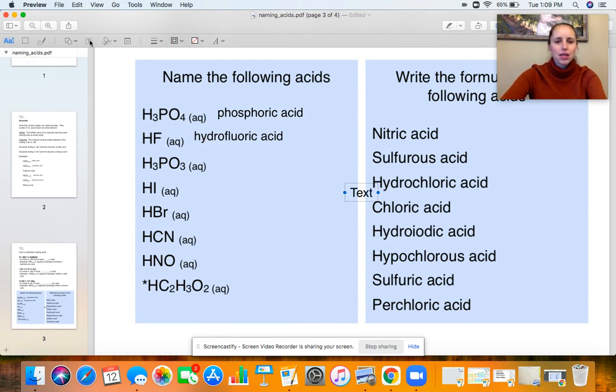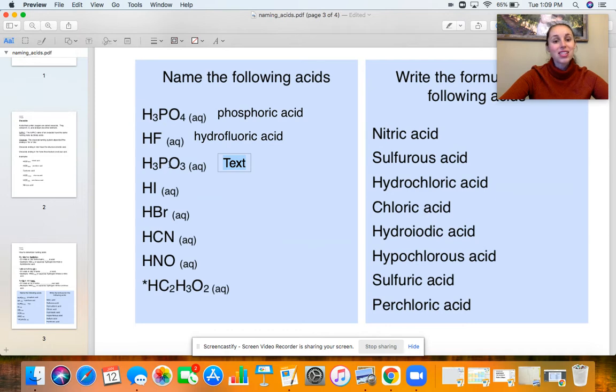Let's take a look at this next one here. Let's move this up here first. There we go. For this next one, I'm going to see, does this have an oxygen in it? It does. Since it has an oxygen in it, I know it's an example of an oxo acid. So I want to go ahead and see PO3. What ending does PO3 have? If you look this up, you're going to find that it's got an "ite" ending.